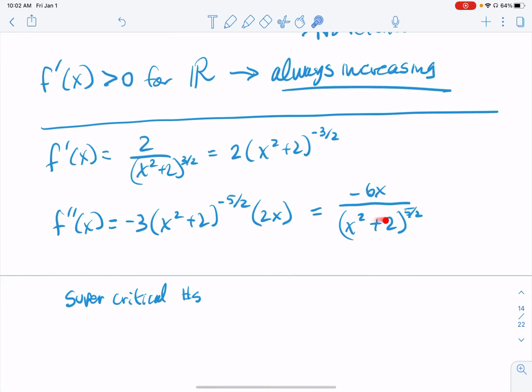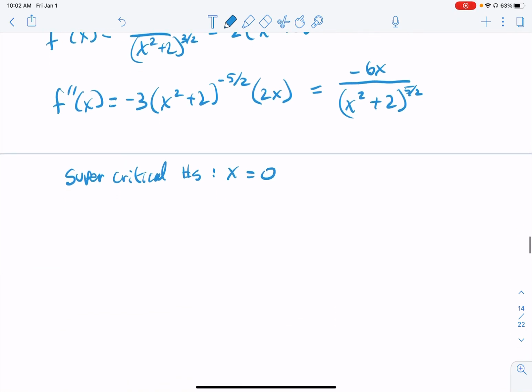Well, it's not undefined, because again, we have this square root down here on the bottom, but it is entirely possible that it's equal to 0, right? Because we have negative 6x equal to 0, and that's going to equal 0 whenever x is equal to 0. x equals 0. What could possibly happen here? This could be a possible point of inflection.